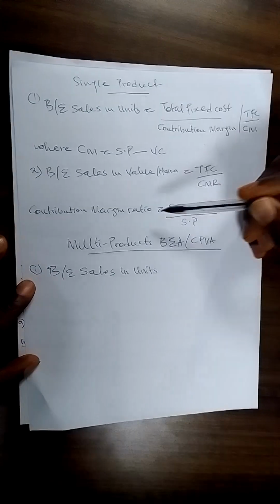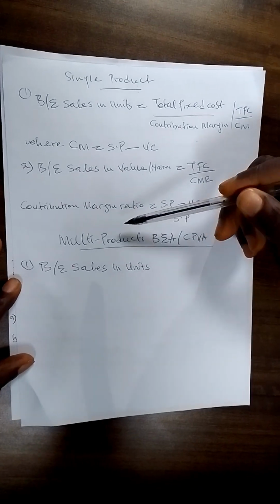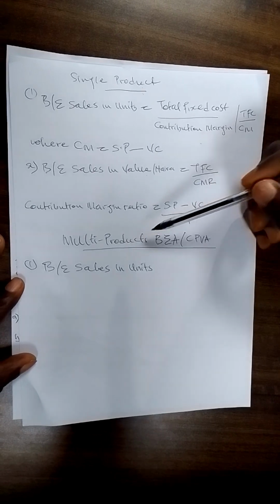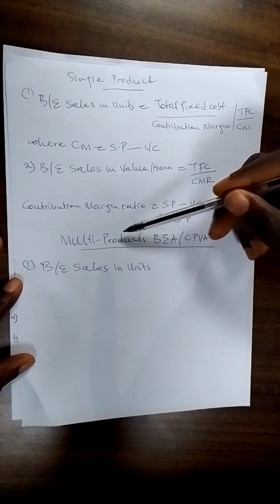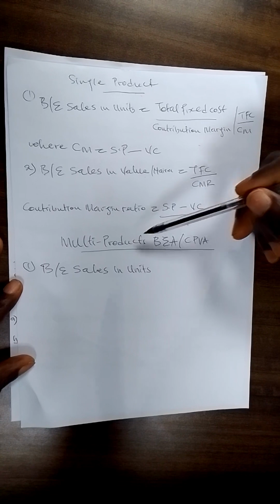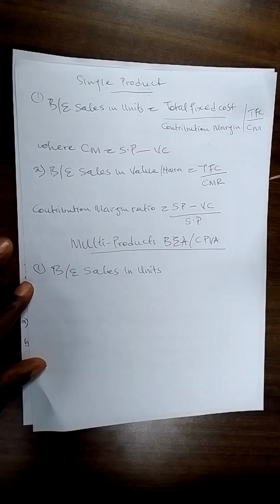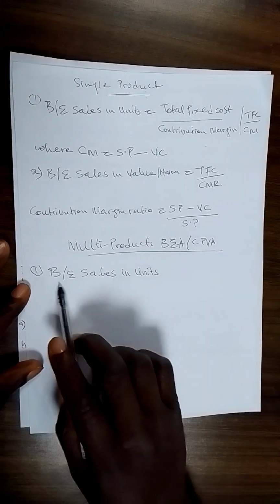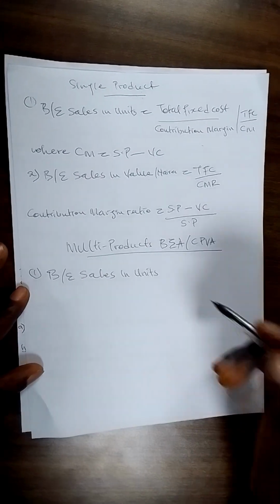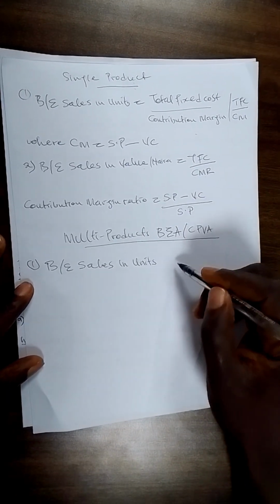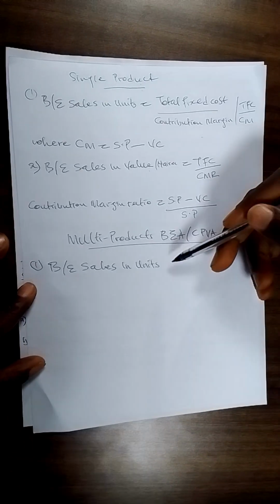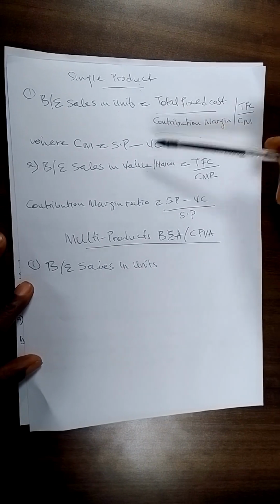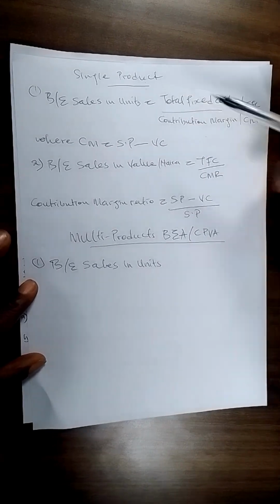Don't forget that where an organization produces more than one product, that is where you produce 2, 3, 4, 5 or more, the formula you are going to use in computing the break-even sales in units and in value will be quite different from the one being used under the single product.